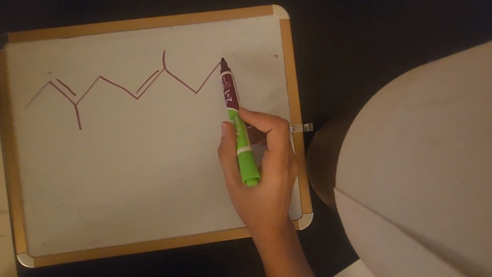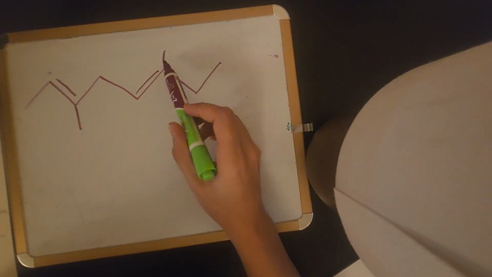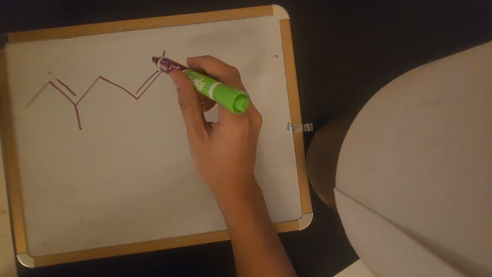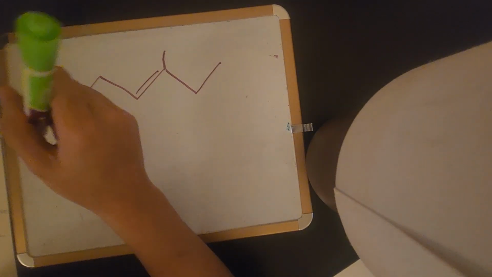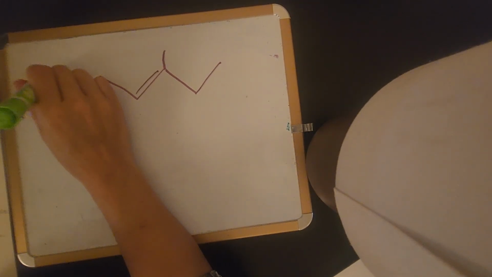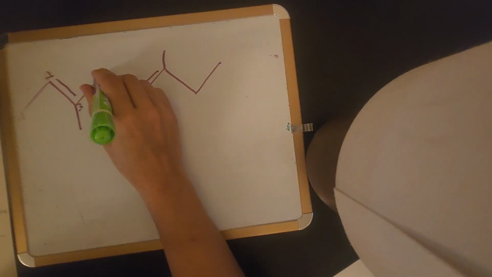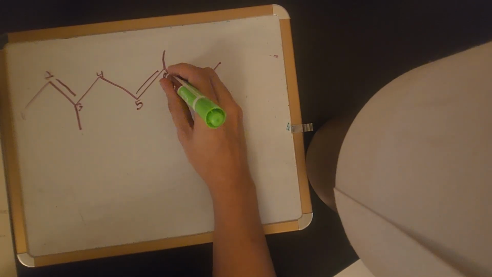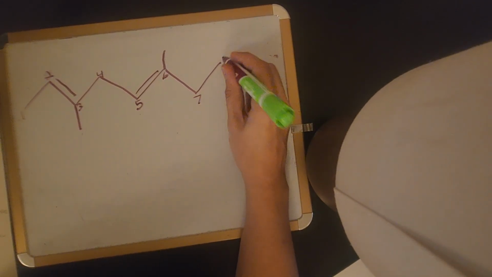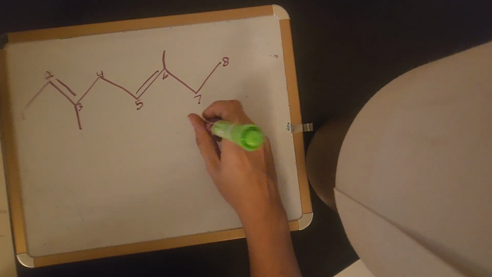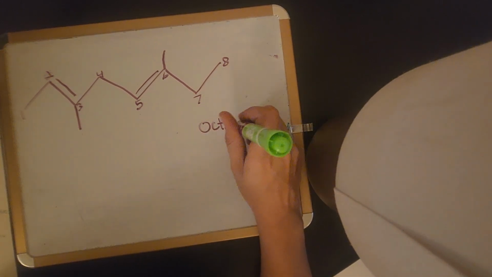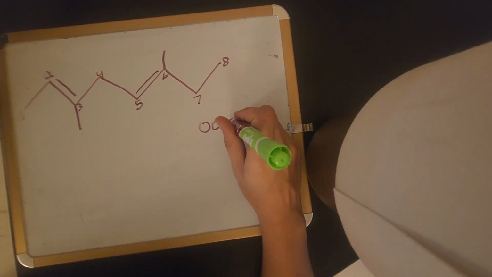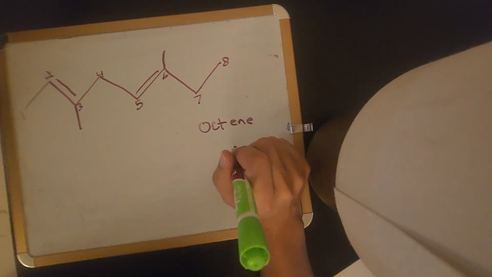If we start here, this is 1, 2, 3, or 3 until we hit anything. So we're going to number it from this side. 1, 2, 3, 4, 5, 6, 7, 8. So we know we have an octene on our hands.